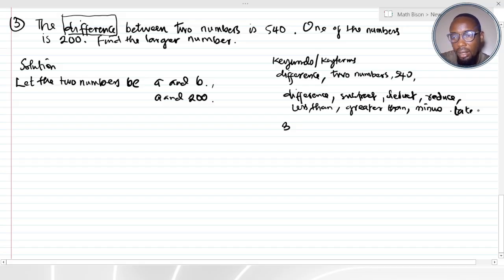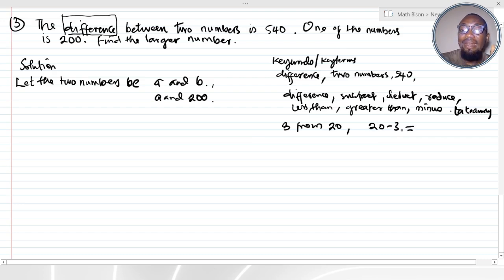If you subtract 3 from, say, 20, you're going to write it as 20 minus 3. And the answer is going to be positive because the larger number comes first. In this case, 20 comes first. We're going to have 17. If the smaller number comes first, say 3 minus 20, then it is different, because this time it is 20 that is subtracted from 3.